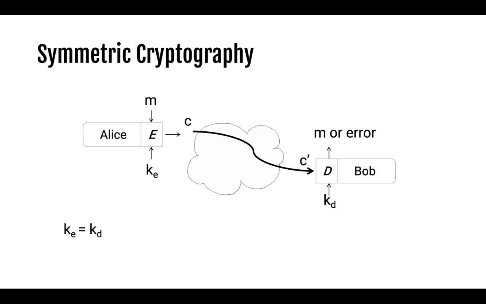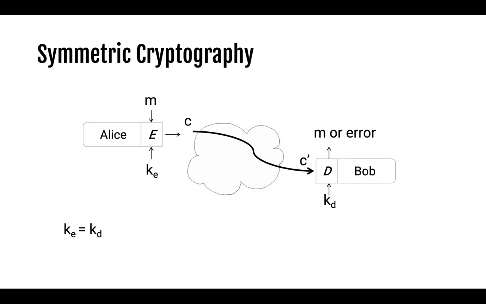The difference between these two is the encryption and the decryption key. For symmetric cryptography, the encryption and the decryption key are the same. So basically, Alice uses the same key to encrypt, and by the time it is sent to Bob, Bob should also use the same key to decrypt to get the corresponding plain text.